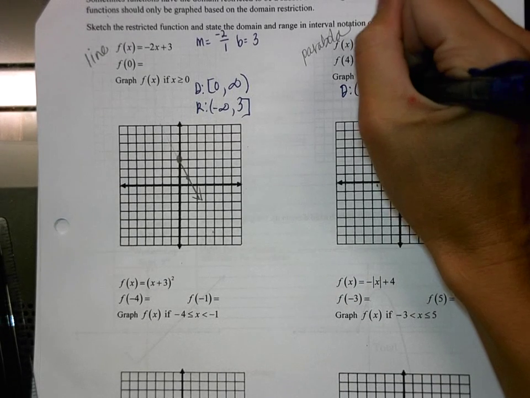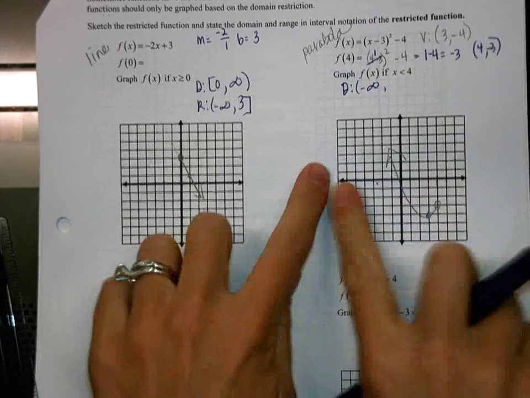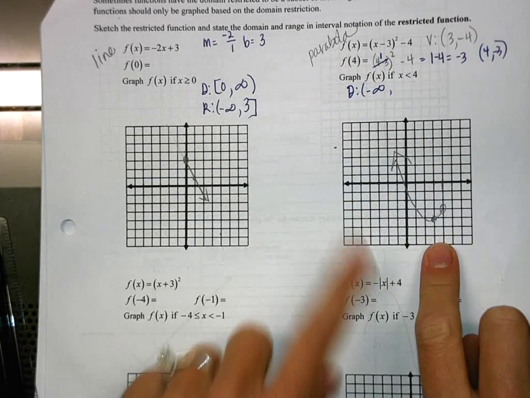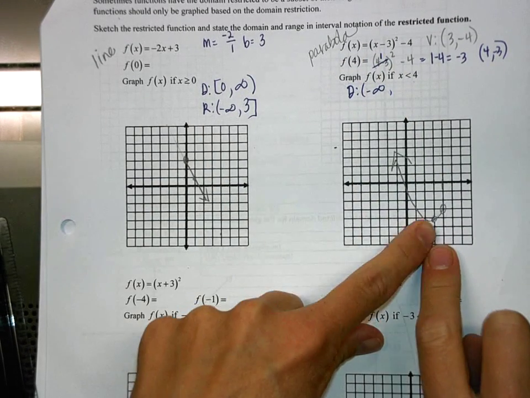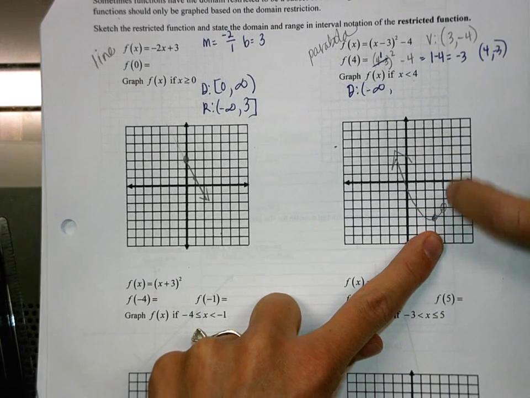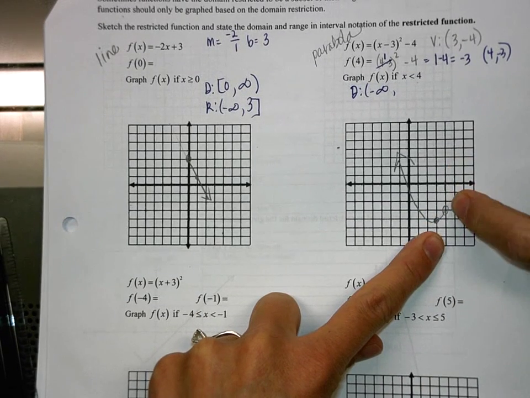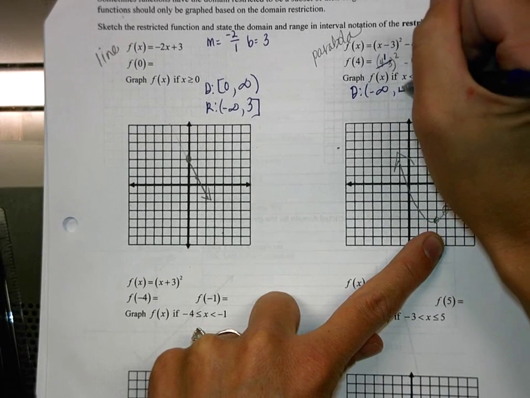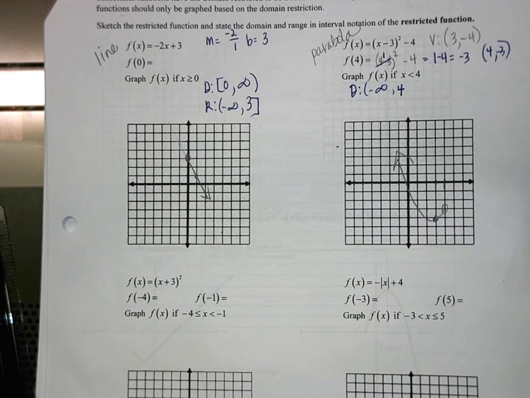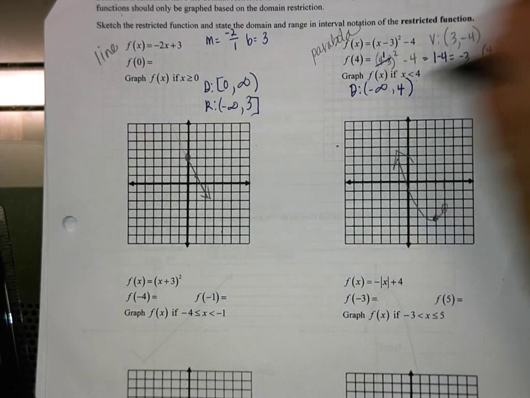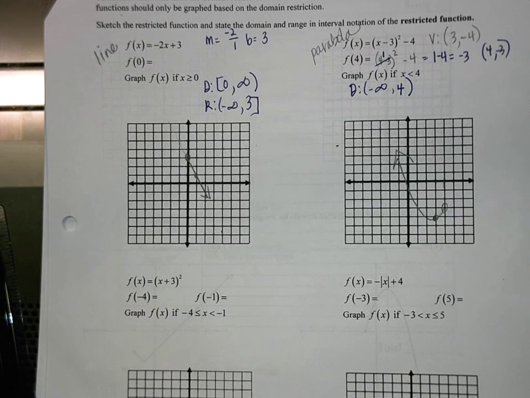Smallest is -infinity. Okay, because remember we're going left and how this is shooting this way. It's -infinity. And then my largest x value goes to 4. And would I have a parenthesis or a bracket at 4? Parenthesis. And again, why is it a parenthesis? Because it's not equal to.